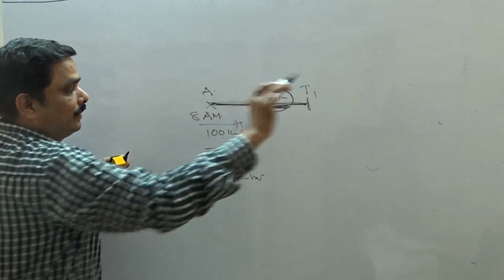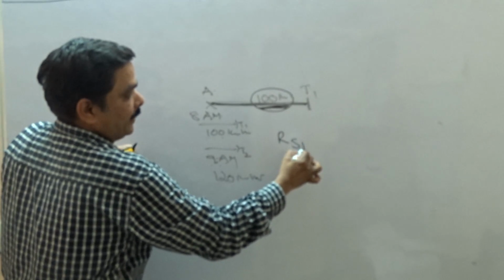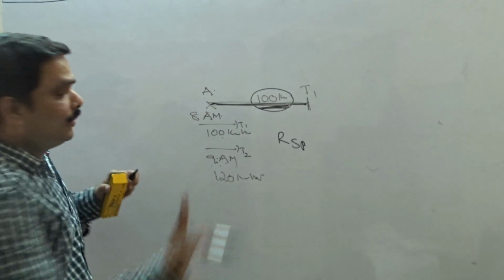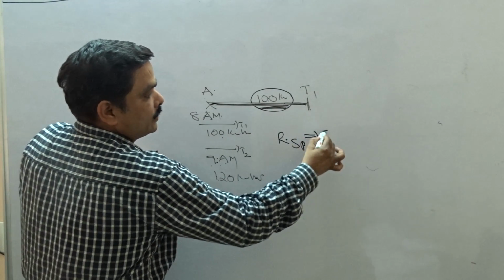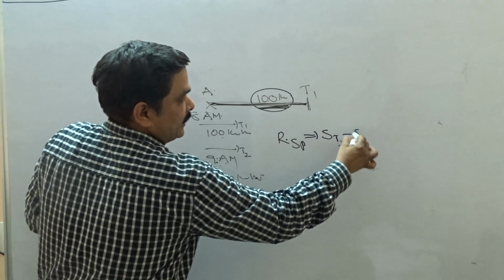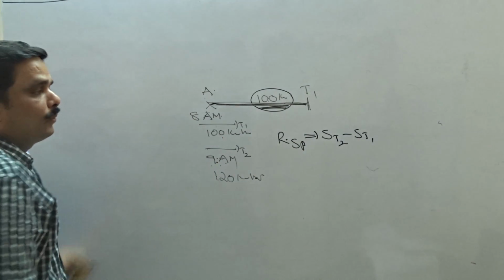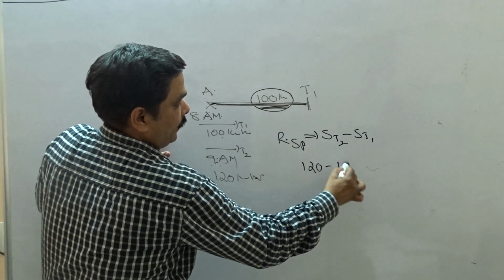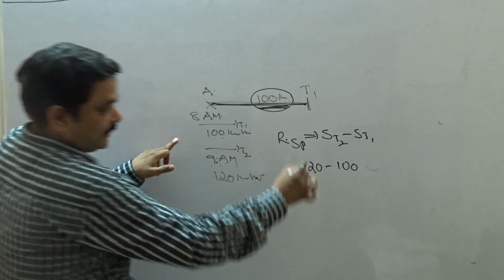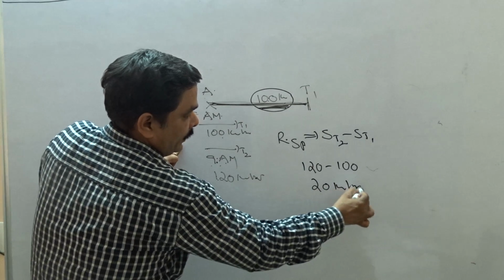In this case, the concept of relative speed comes into the picture. Relative speed is the speed of train 2 minus the speed of train 1. Here, the speed of train 2 is 120 and the speed of train 1 is 100, which means the relative speed is 20 kilometers per hour.